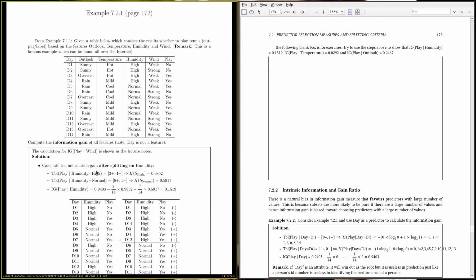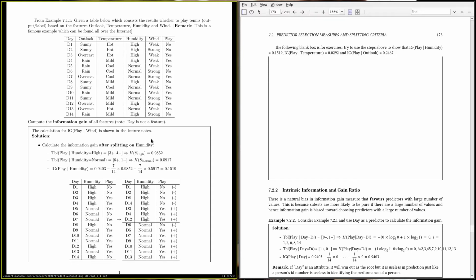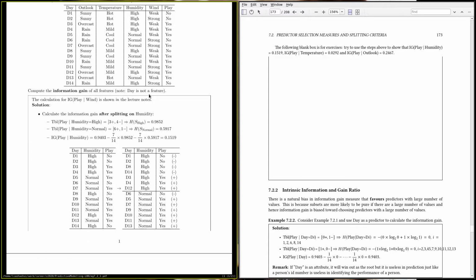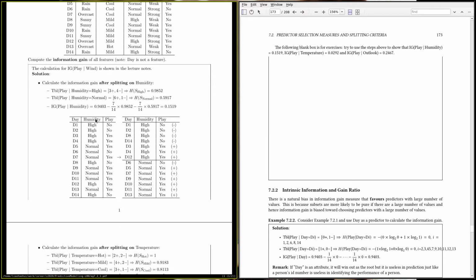What is the information that will be gained if we perform a splitting? So how to split? The way to split is we need to extract these two pieces of information out. That's what I've done in your solution. So I just extract two columns, and then I reorganize, because we want to find the information gain, right?